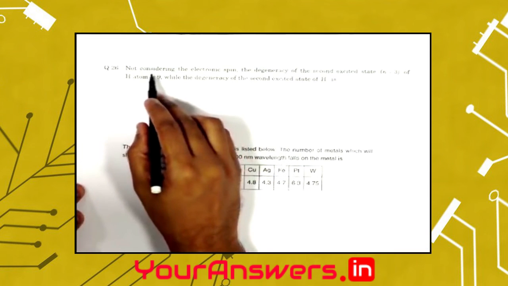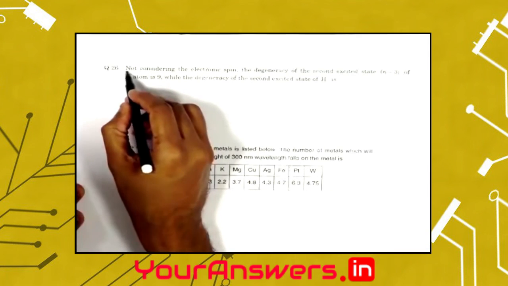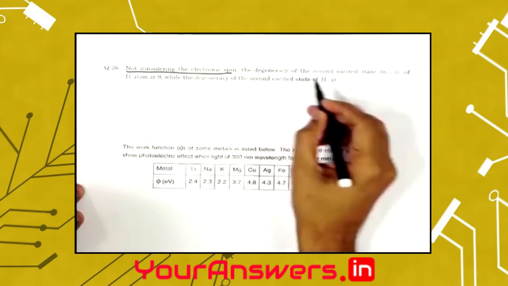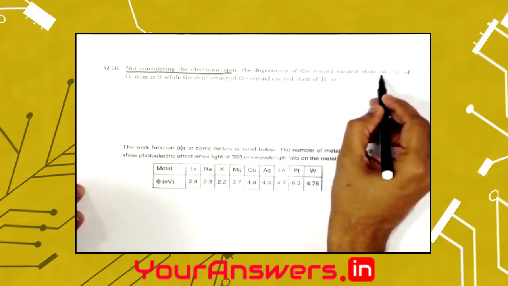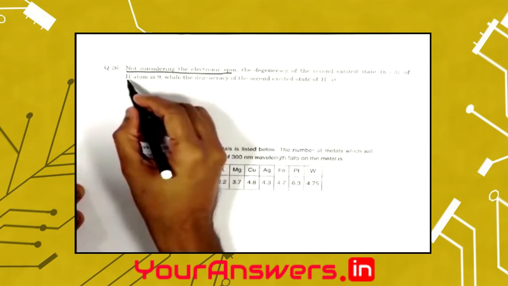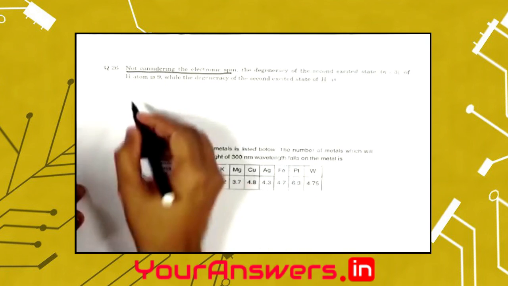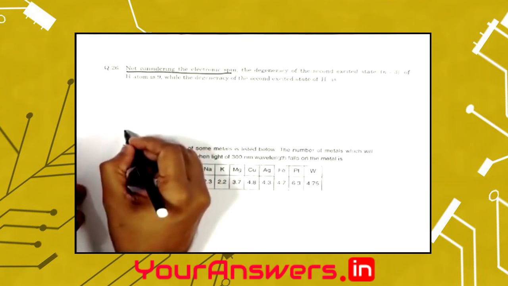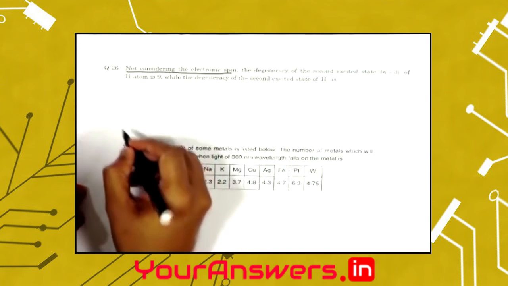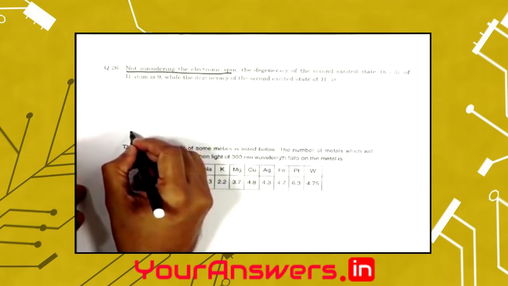It says that not considering the electronic spin, the degeneracy of the second excited state, which is n equals 3, of hydrogen atom is 9. Do we know that? If you remember, for hydrogen atom, the orbital energy depended only on the value of principal quantum number n.